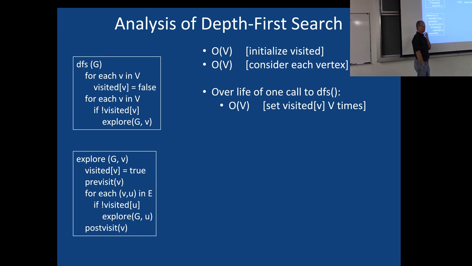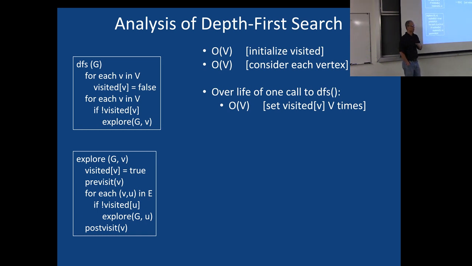Well, how many unvisited vertices will be found over the entire life of that call to DFS? Yeah? The number of unconnected pieces. Well, you said the number of unconnected pieces. That's true if it's an undirected graph. But if it's a directed graph, it's a little more subtle than that. It's hard to say in advance. Yeah? So are you asking for just the explore call? Yeah. How many times is this call right here made?